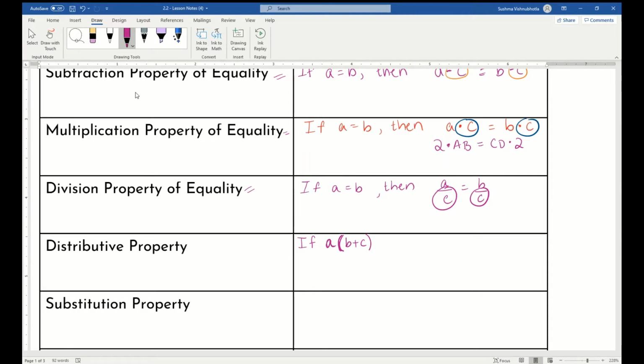So a binomial, that's the term actually. So if you have a binomial times a coefficient, then you can say A times (B plus C) is equal to AB plus AC. Okay, the distributive property.